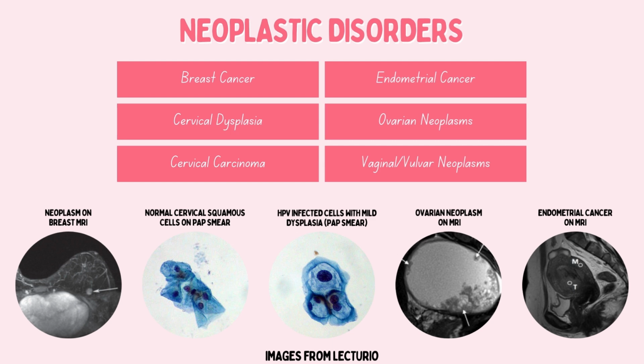For HSIL, or the high-grade version of this, CIN2 indicates moderate dysplasia, including 2/3 thickness of the basal epithelium. It is due to persistent HPV. Excision or ablation is the mainstay of treatment here. CIN3 indicates severe dysplasia, including over 2/3 or full thickness of the basal epithelium.